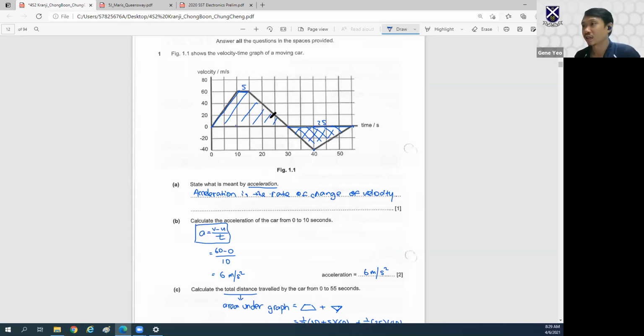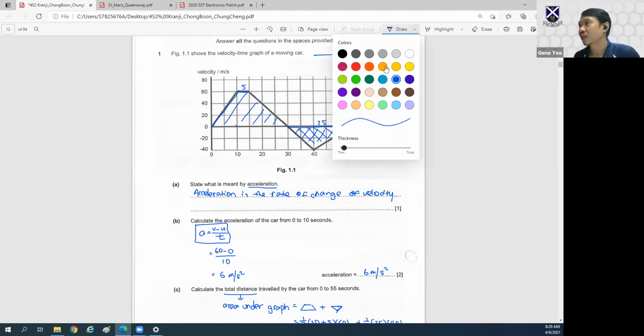So if I calculate this fella moving forward, so the car has moved forward before stopping and then moving backwards over here like this, what I need to calculate is the distance moved forwards and the distance moved backwards. Okay, so I need to calculate this plus this, total distance. I'm not talking about displacement. If I'm talking about displacement, then yes, I have to consider the negative sign, and therefore, let me change to a different color.